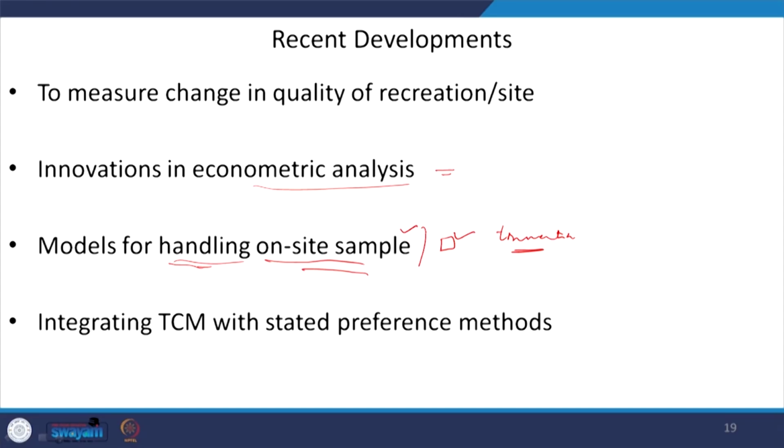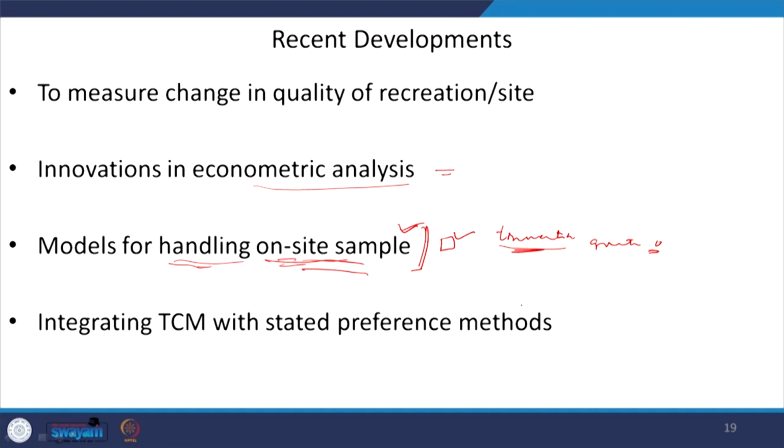For this reason we have developed certain econometric analysis, for the truncation problem when you are taking into account on-site data, that is, how many times the visitor would be visiting. It would certainly be greater than 0, because when you say on-site, obviously this is at least the first time. He may visit n number of times, but at least the visitor would be visiting just once. So, this problem would be there when you are counting the number of times the visitor is visiting that particular site.